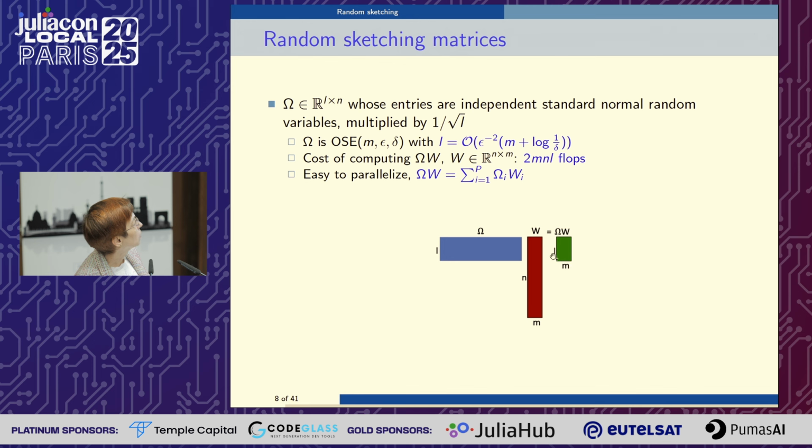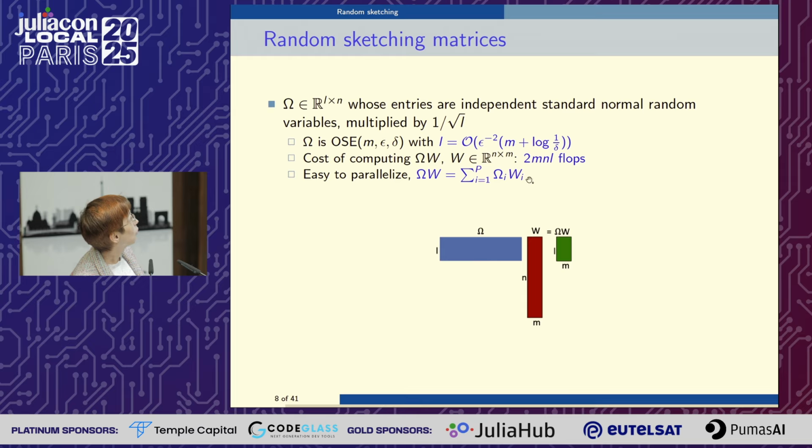And so L is going to be much smaller than n. Particularly, the sketch dimension doesn't depend on the large dimension n, so that's an important property. And it's easy to parallelize. We just parallelize multiplying two dense matrices.